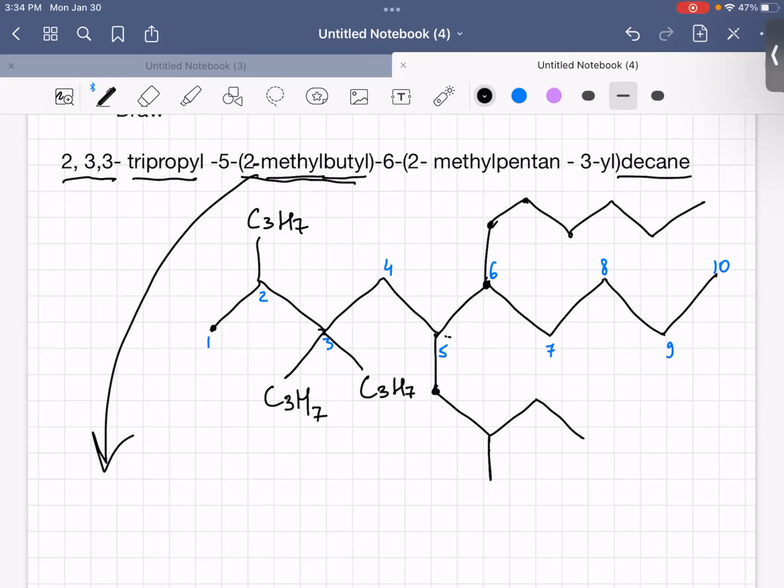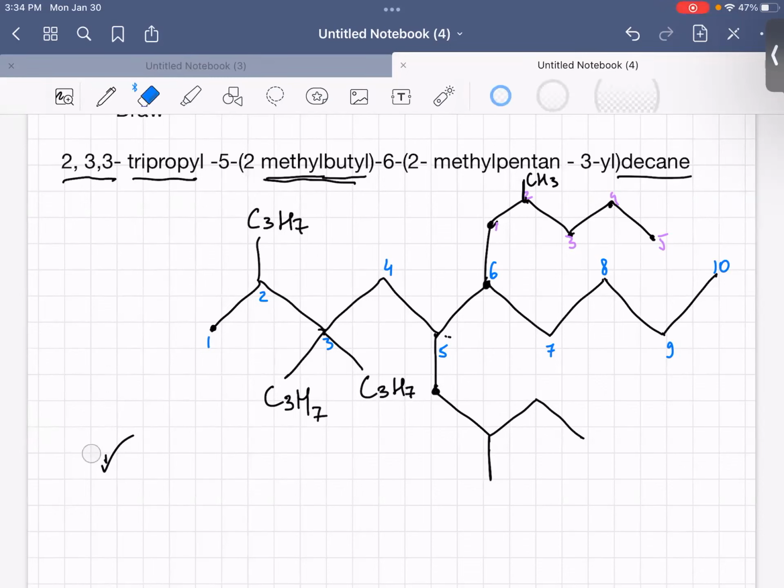No, one too many. So if we were to number this 1, 2, 3, 4, 5, then we would know that on carbon number 2, there's a methyl group. And here we go. This is the structure.